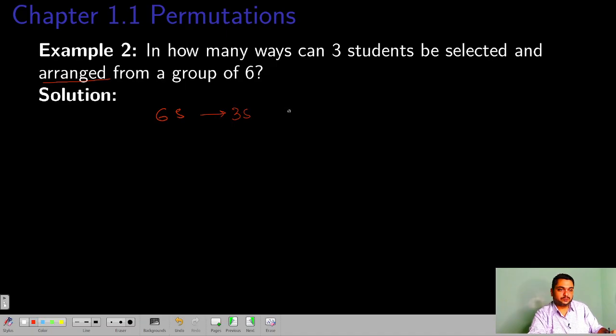That means student 1, student 2, student 3, so the order changes, or student 3, 2, 1. So it's a permutation problem, right? So the answer will be 6P3. 6P3 is 6 factorial divided by (6 minus 3) factorial, which is 3 factorial. This comes out to be 120.